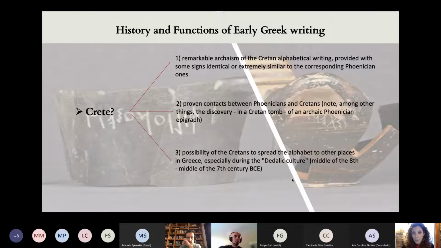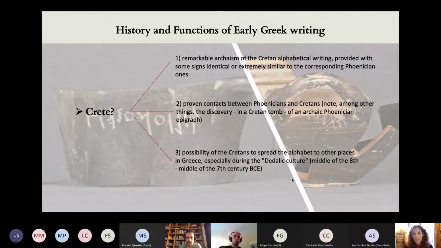And also, of course, Cretans could be good candidates as the people that spread this technology all over the Mediterranean during the first phase, after the invention of the alphabet.